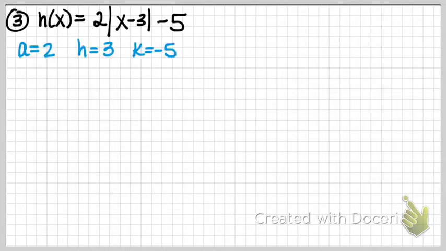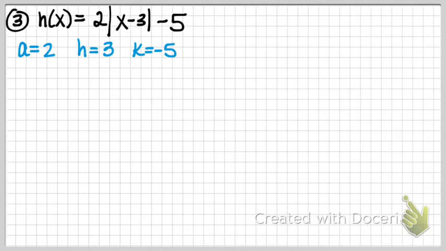If you look at the pink sheet, it has above each graph the transformation form and where each transformation is located. So A is always in front of the absolute value, or in front of the square root, or in front of the parentheses. H is always inside, and you have to flip the sign. K is -5.